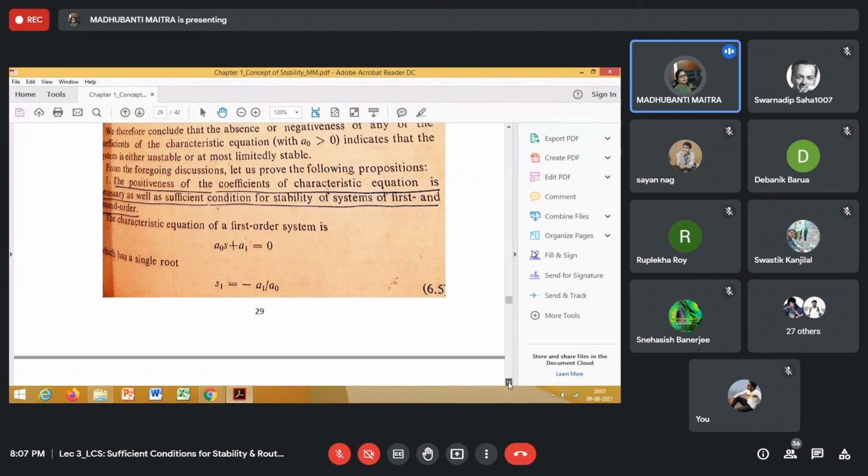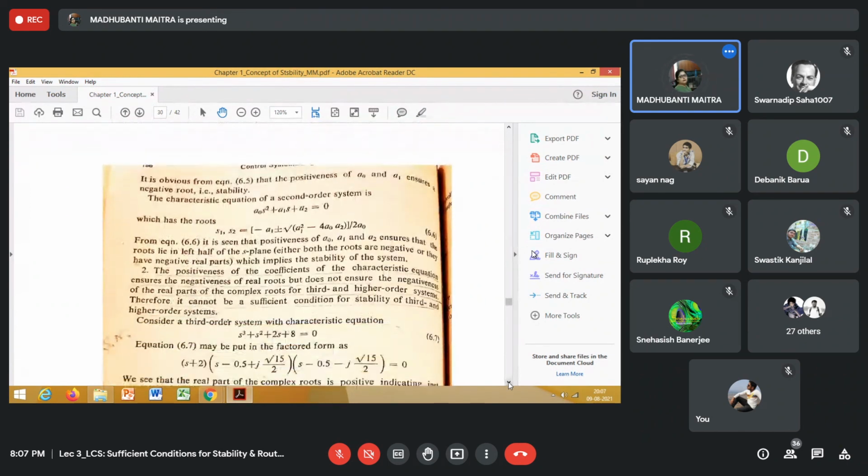So that is also true for a second order system. A second order system can be described with this characteristic equation: A0 s square plus A1 s plus A2 equal to 0. A0, A1 and A2 all are present. If one of them is absent, you can find out what is going to happen. So since it's a second order system, we'll get two roots at s1 and s2, and the root locations are given by this equation.